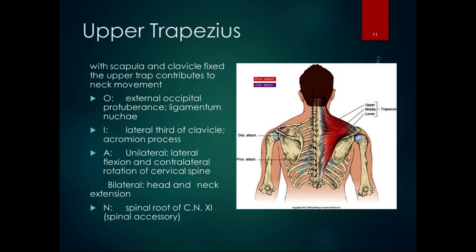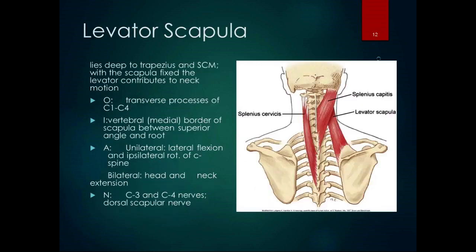So when the scapula and clavicle are fixed, the upper trapezius contributes to neck movement, and so it's helping to turn our head in response to things. So when the head is the least fixed part, the neck is going to move. So that's always a good thing.